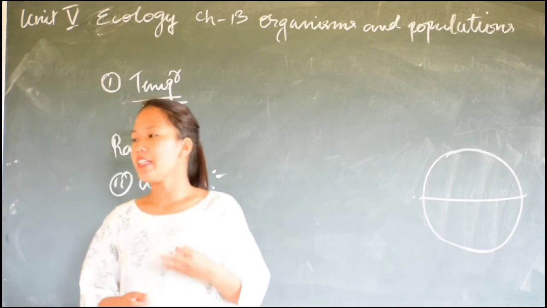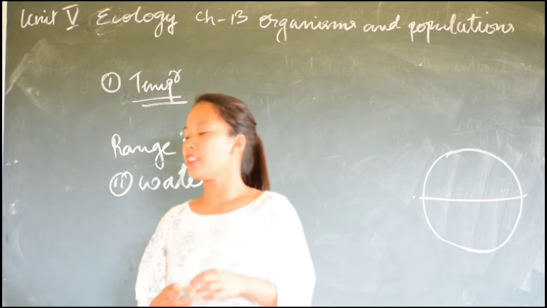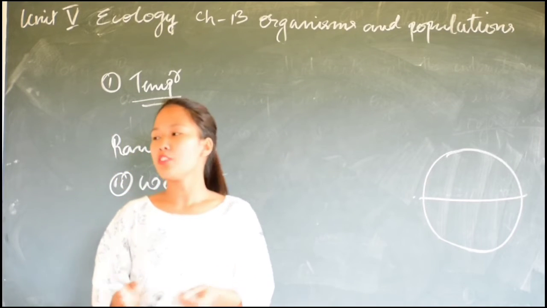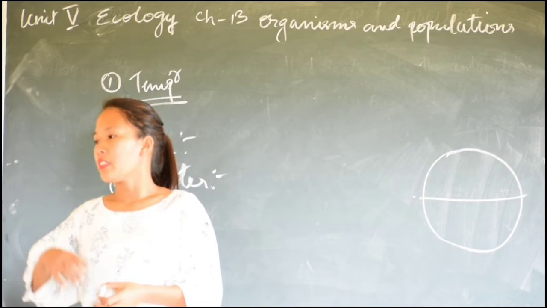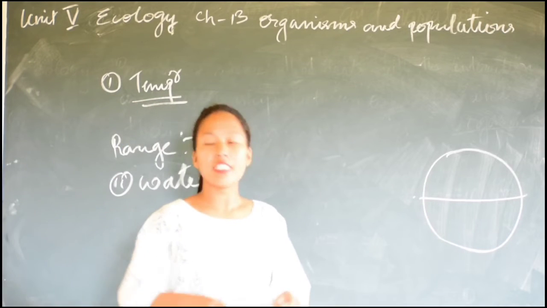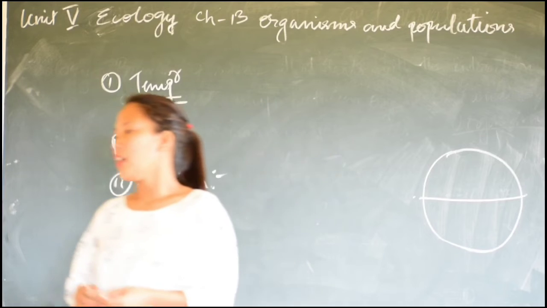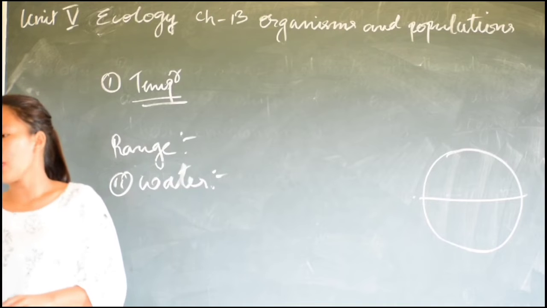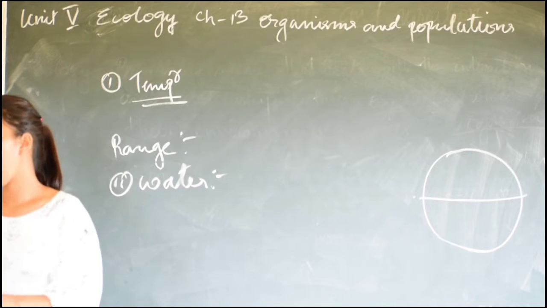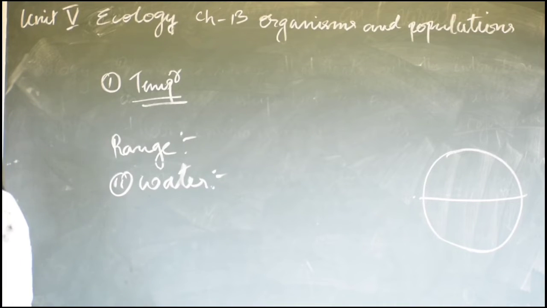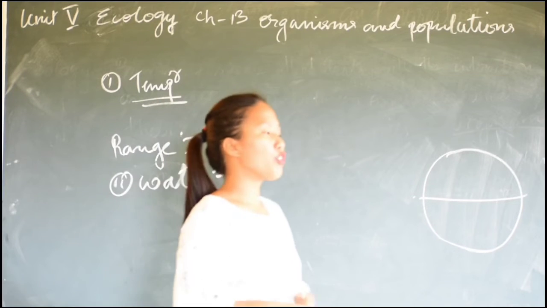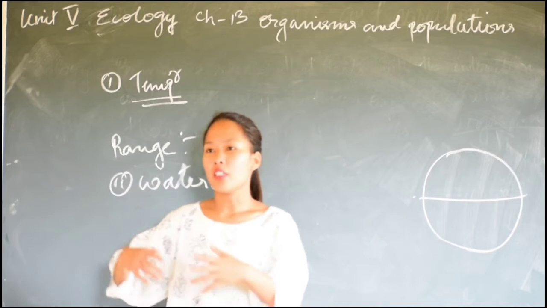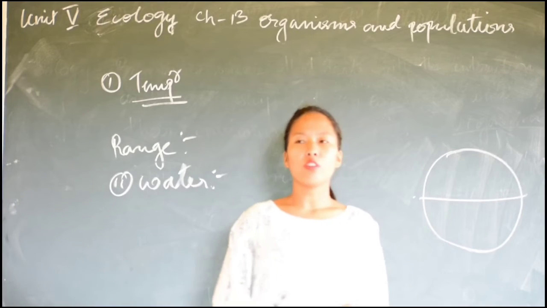Salt concentration in inland waters is less than 5, in the sea it is around 30 to 35, and in hypersaline lagoons it is more than 100. Aquatic organisms also have a very wide range of survival.